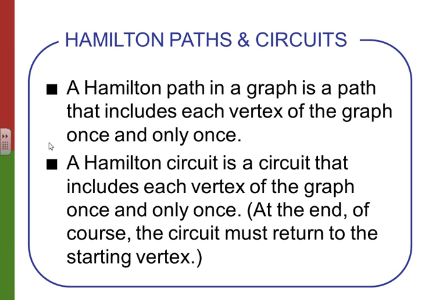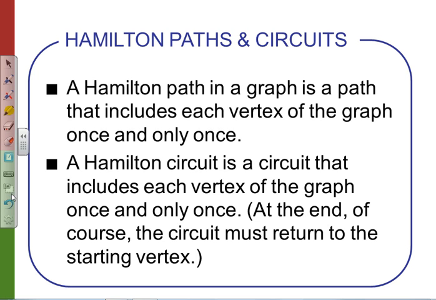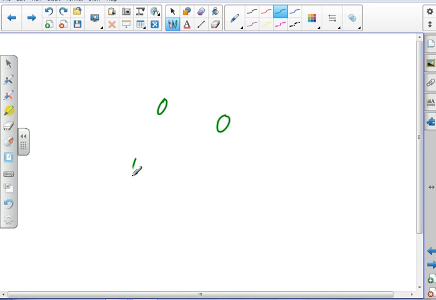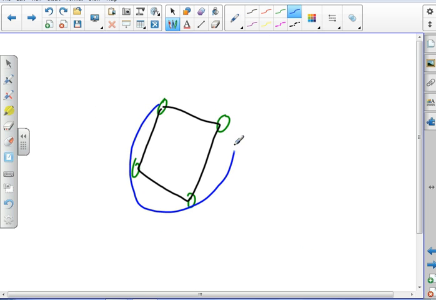Okay. So I got something like this. And now I can have a Hamilton path. Boom, I went through everything only once. That's path. Yeah, that'd be a circuit.